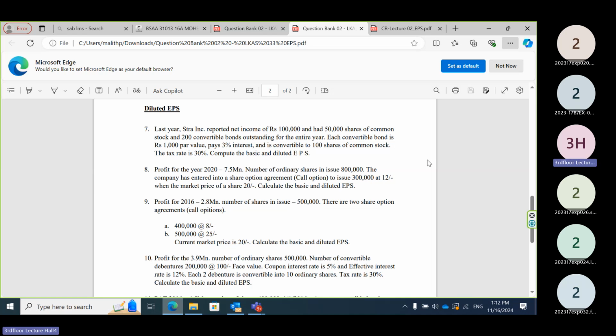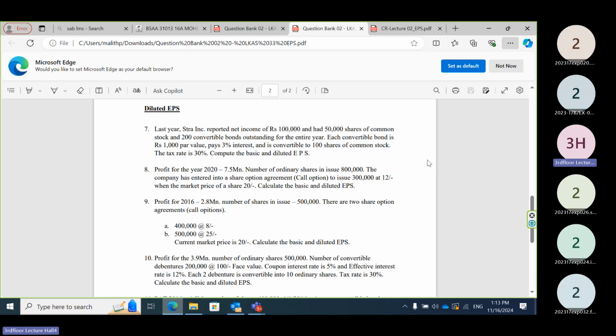We have already deducted it once you calculate profit after tax. This net income we assume as profit after tax. Whatever the interest related to the bond is already deducted from this amount. That's an understanding you should have. It means your basic EPS is this 2.